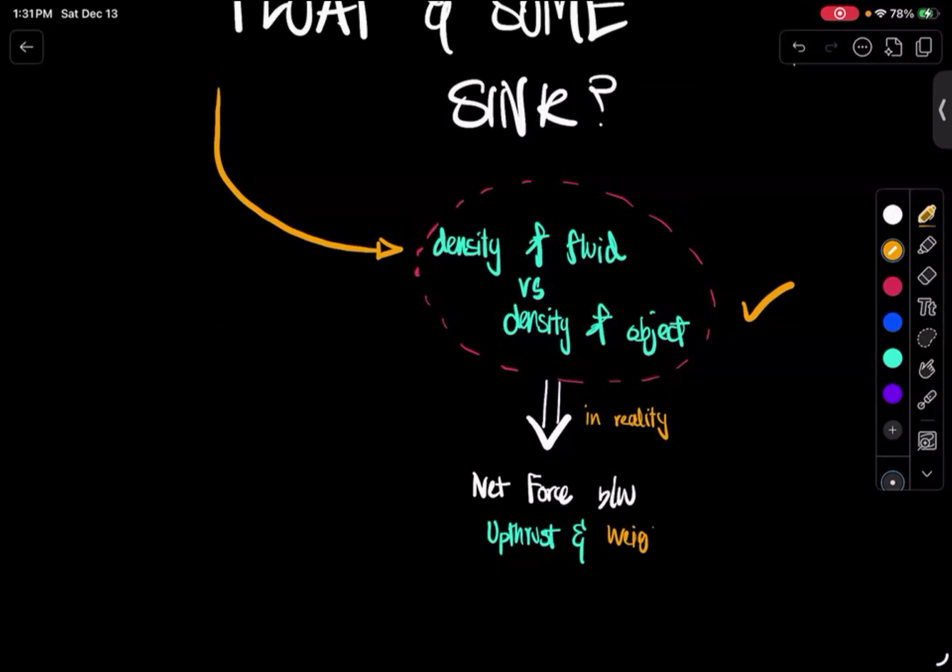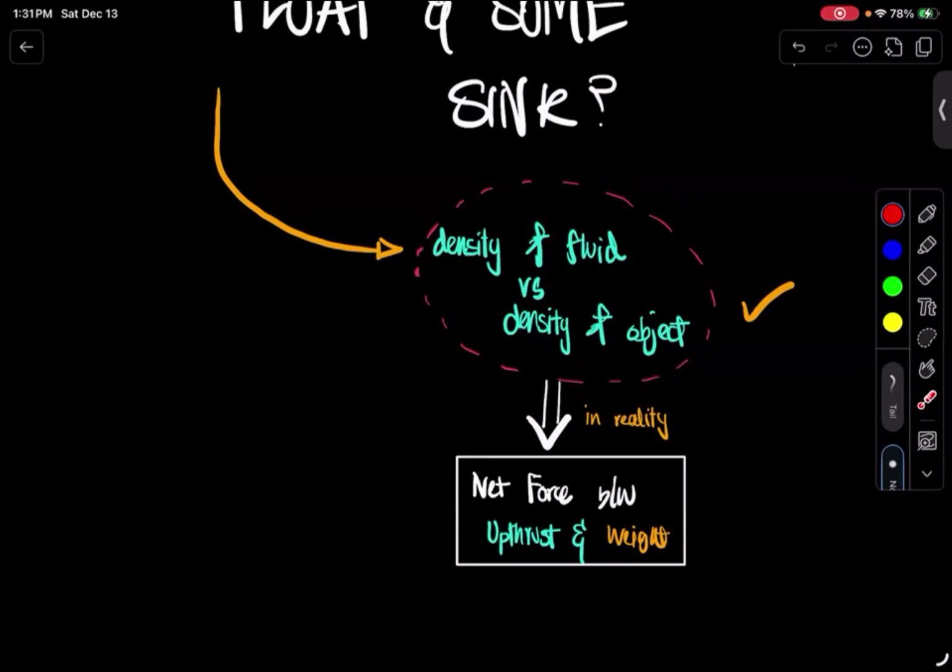That means whether something is going to float or sink is determined by the forces, the upthrust and the weight of the object.